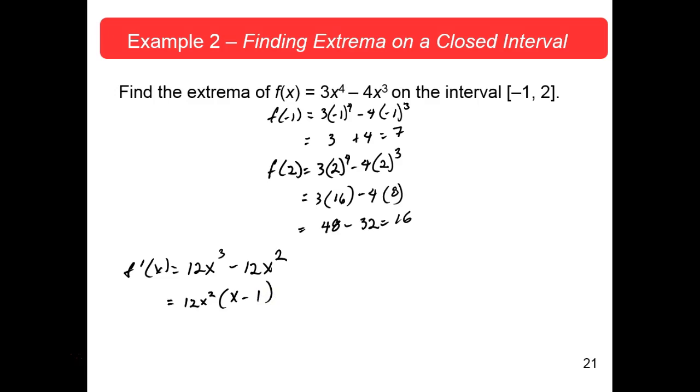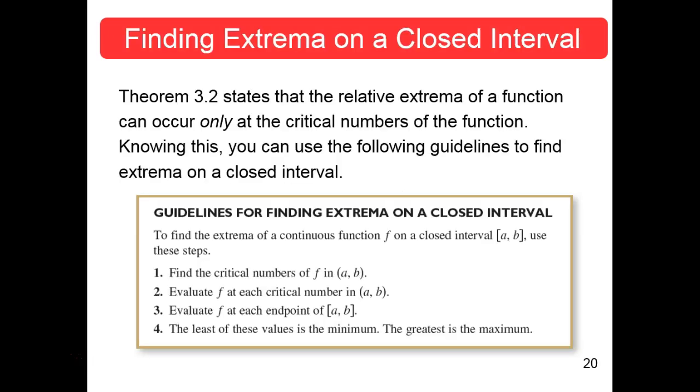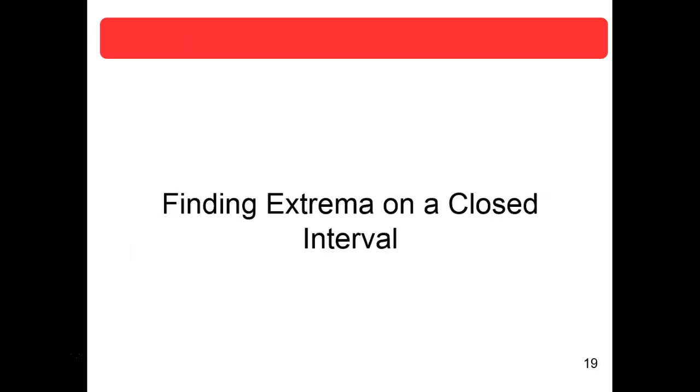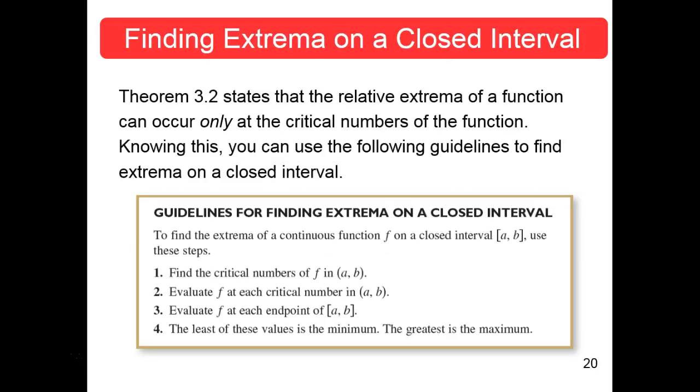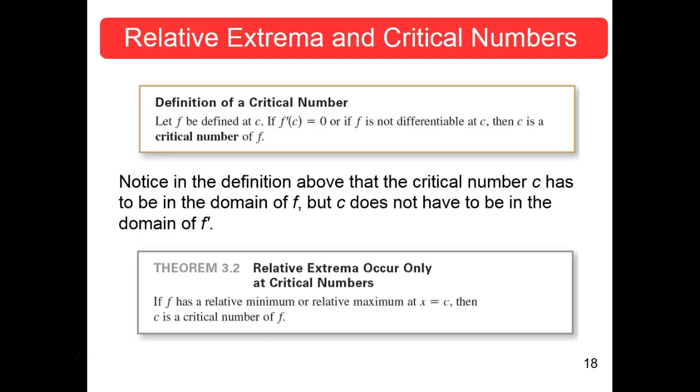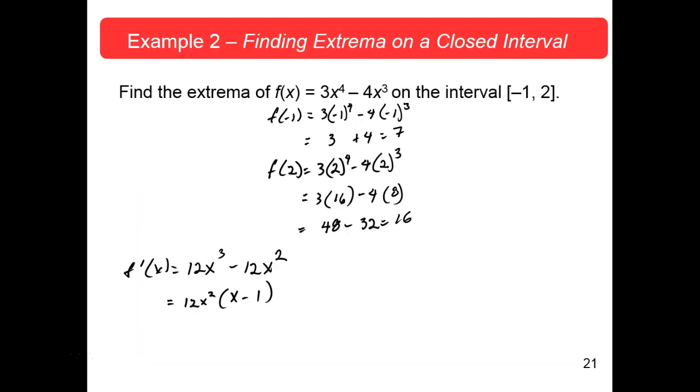What do we want to do with that? Okay, we'll start here. Find the critical numbers, right? And where are the critical numbers? Either where the derivative is equal to 0 or the derivative doesn't exist. Okay? So that's what we want to do.